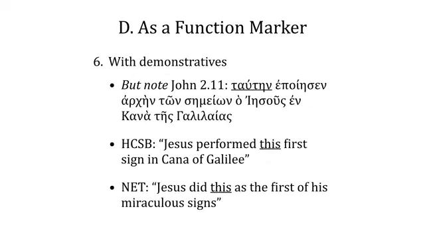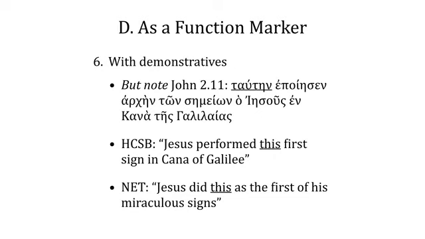Now, John 2:11 is the other passage that I want to discuss because it's one where this basic rule is often forgotten by exegetes and translators. In John 2:11, we do not have an article with the noun archein. We have tauten, apoiesen, archen. And in, for example, the Holman Christian Standard Bible, it has, "Jesus performed this first sign in Cana of Galilee."